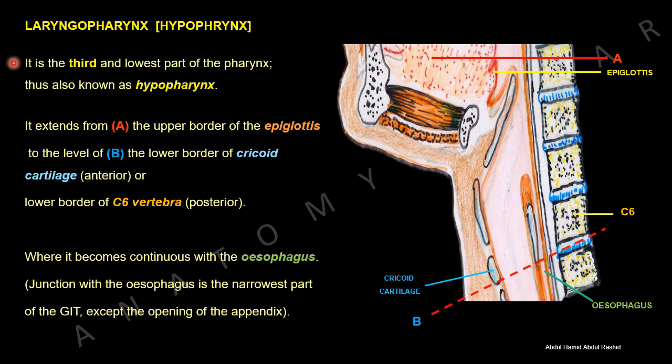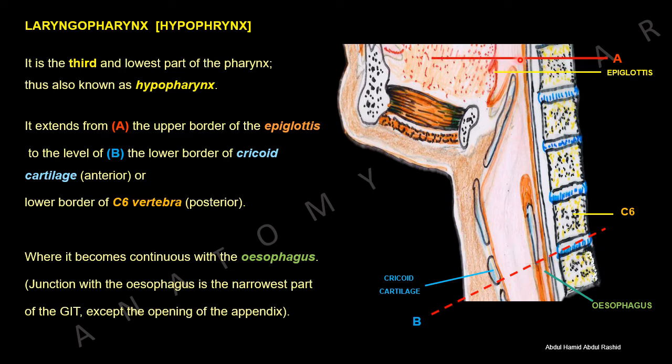Laryngopharynx is the third and the lowest part of the pharynx. Because of that, it is also known as hypopharynx. Laryngopharynx extends from A, the upper border of the epiglottis. This is the epiglottis.